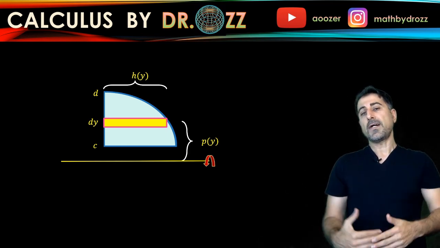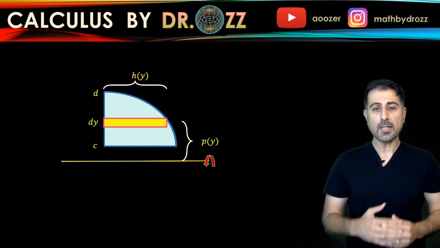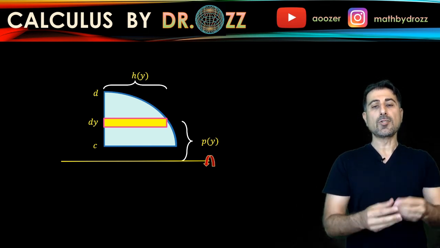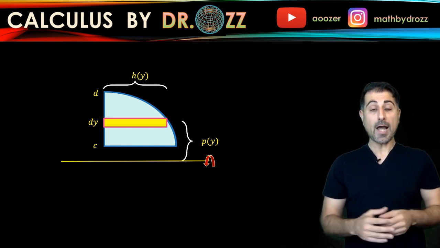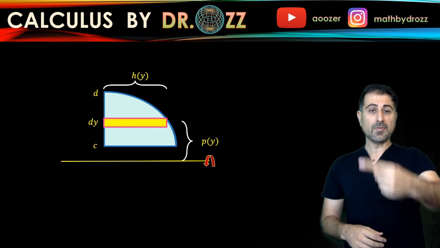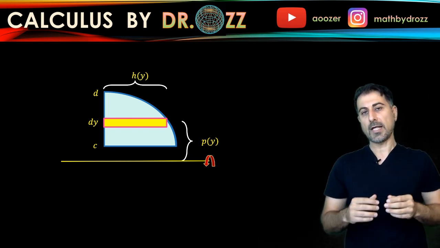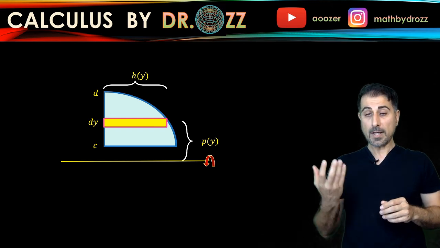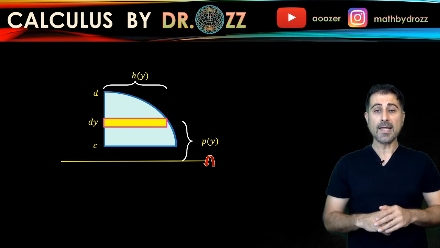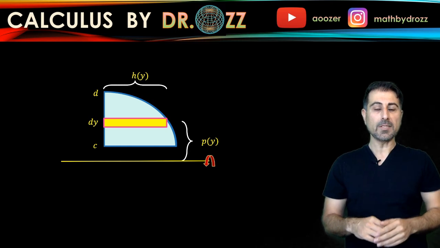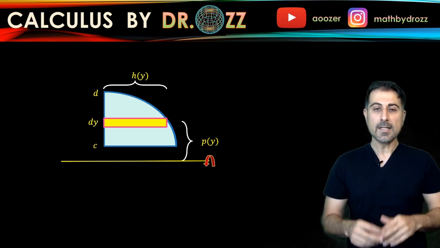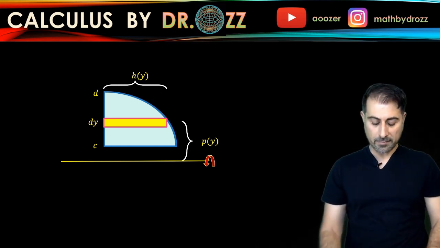Then you find the volume of that representative shell as 2 pi times the radius, p of y, which is the circumference of the circle, times the height of the shell, h of y. That's the surface area of the shell. If you multiply that by the thickness, you get the volume of the representative shell.